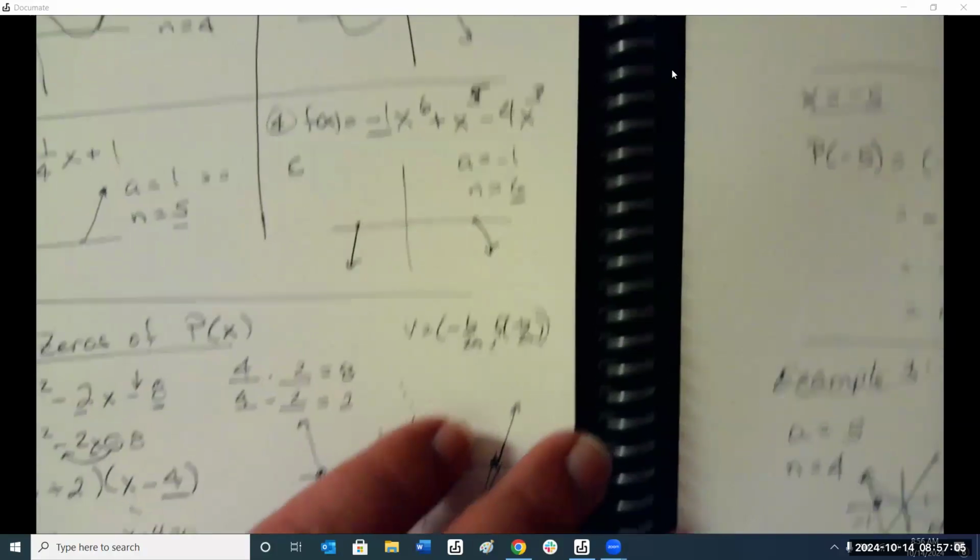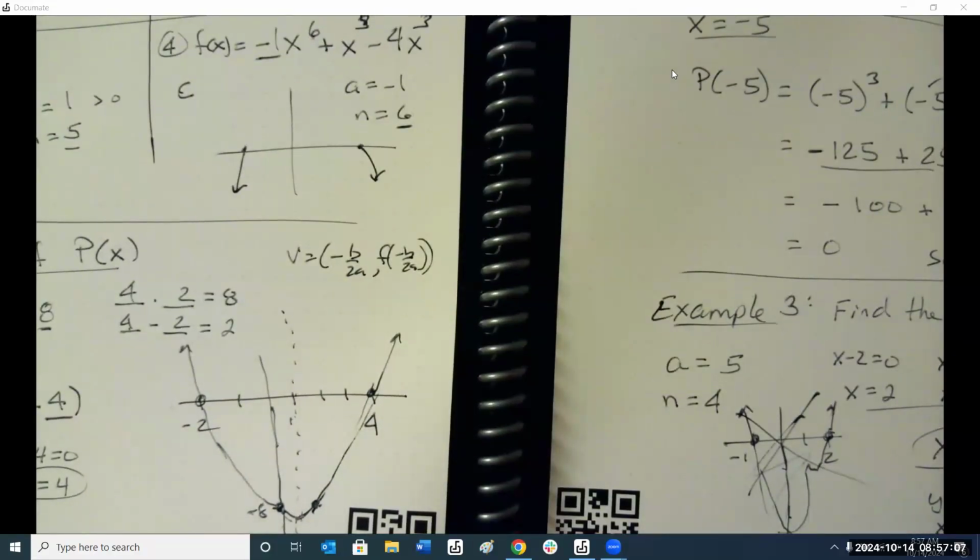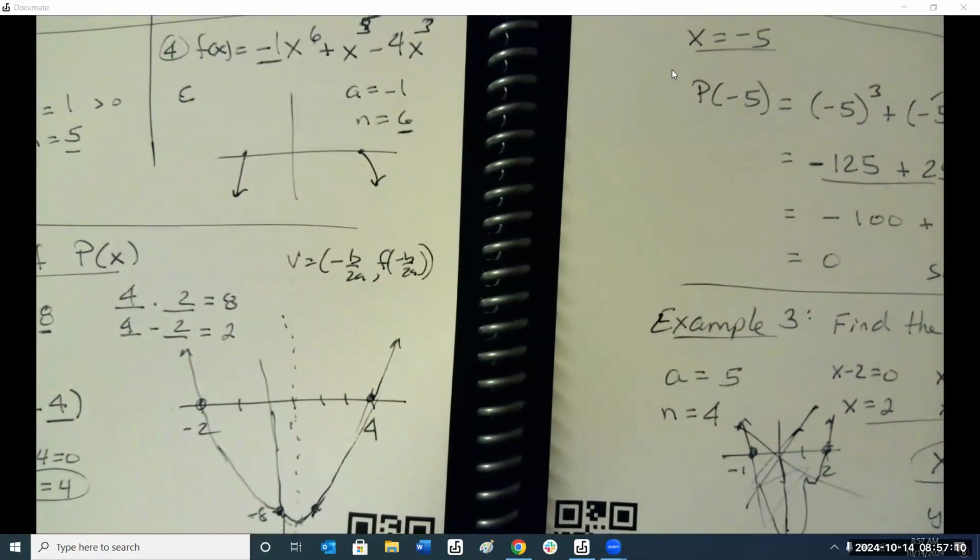So this graph I put here was not right for this one because I miswrote that question.